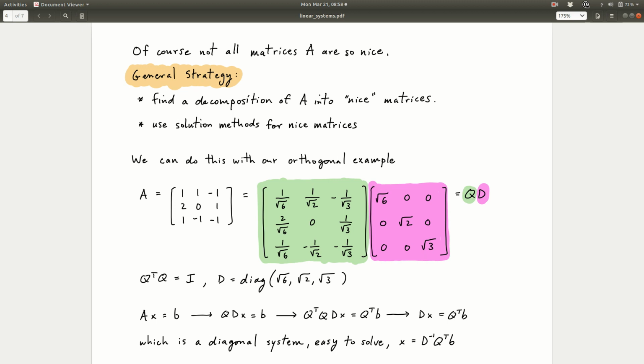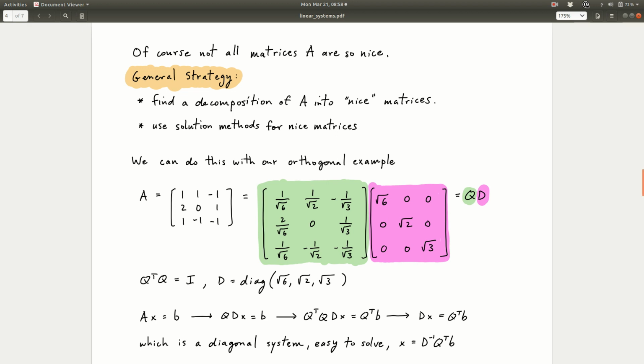Well, the general strategy is to find a decomposition of the matrix into nice matrices and then use solution methods for the nice matrices. By decomposition, what I mean is to write the matrix A as a product of nice matrices and then do the solves for the product. If that's a little bit too abstract, let's look at an example.